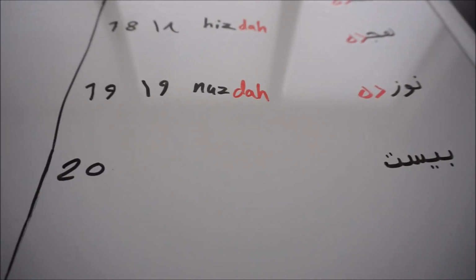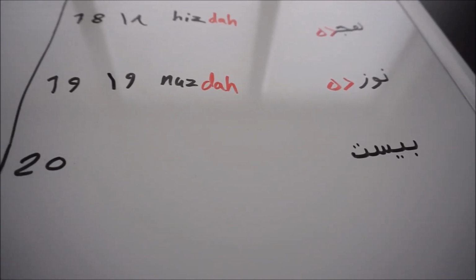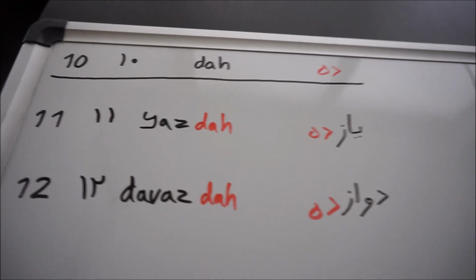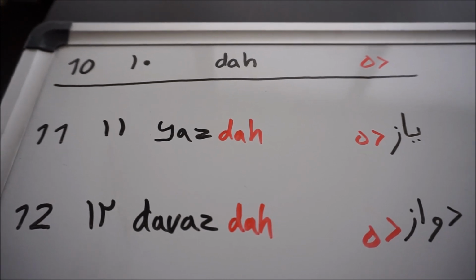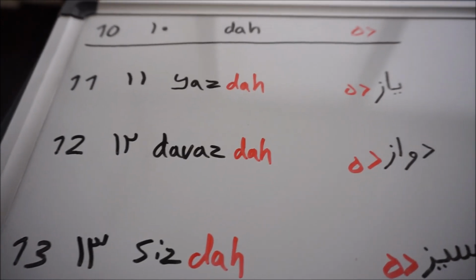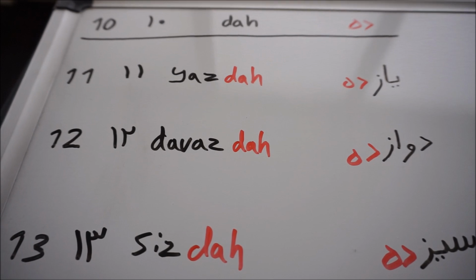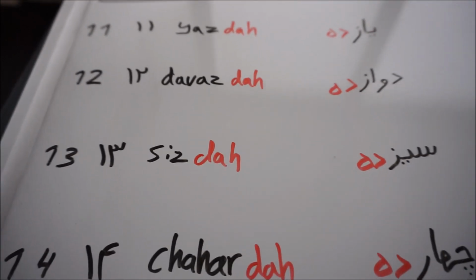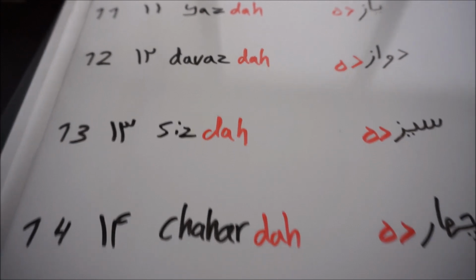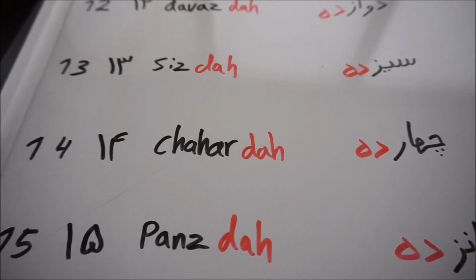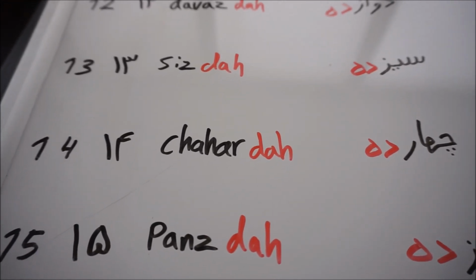So before we go on with 20, because 20 is different, let's repeat all the way from 11 to 19 now. Number 11 is yazda. Number 12 is davazda. Number 13 is sizda. Number 14 is chaharda.